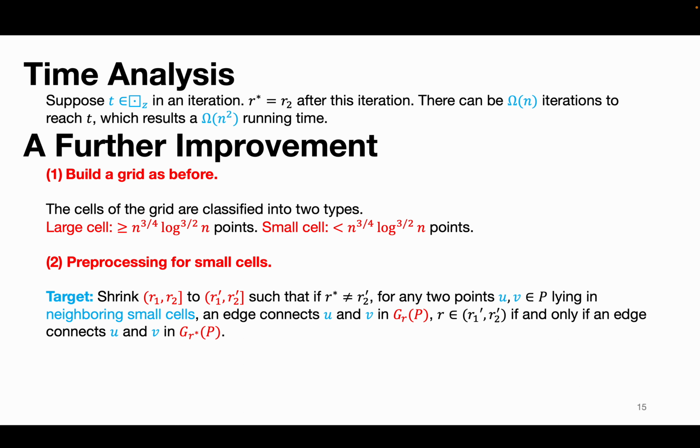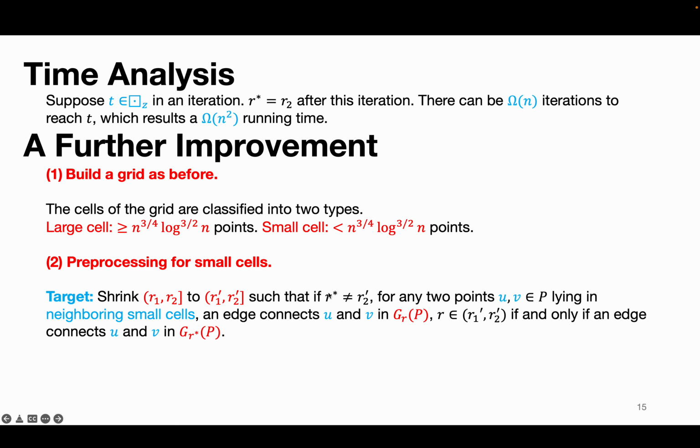Next we pre-process all small cells and restrict the interval such that if R* isn't equal to R2 prime, then for any two points u, v lying in a pair of neighboring small cells, R is in the shrunken interval if and only if an edge connects u and v in the unit-disk graph with respect to the best parameter R*.